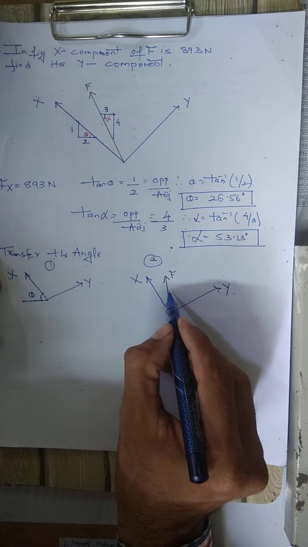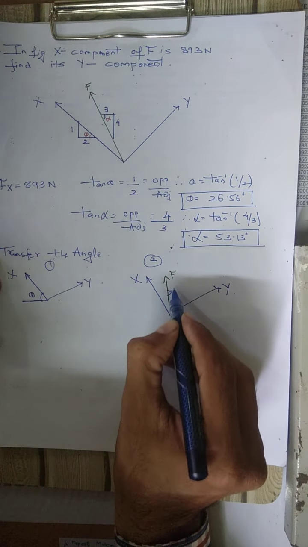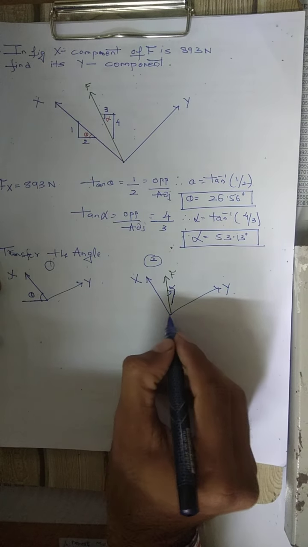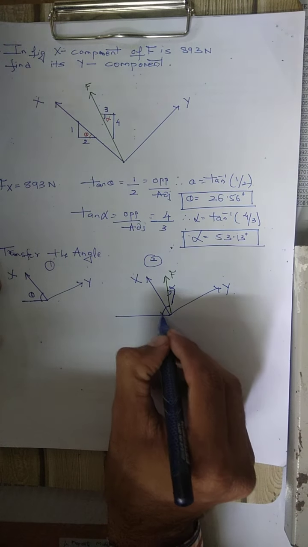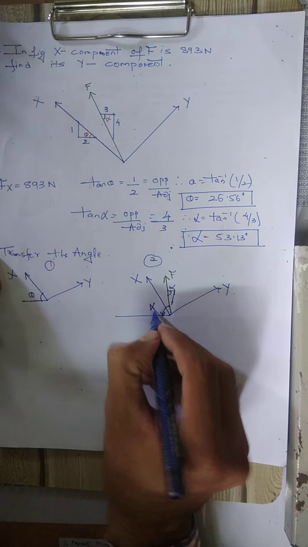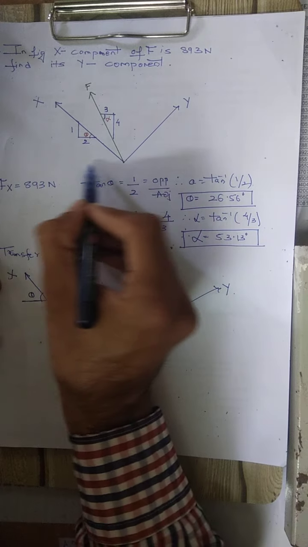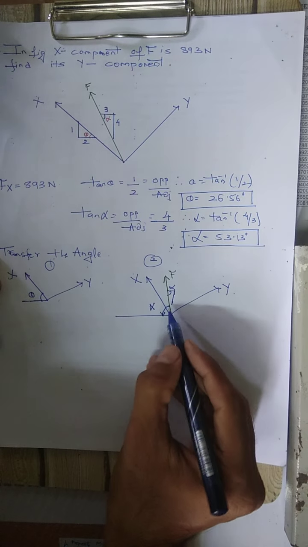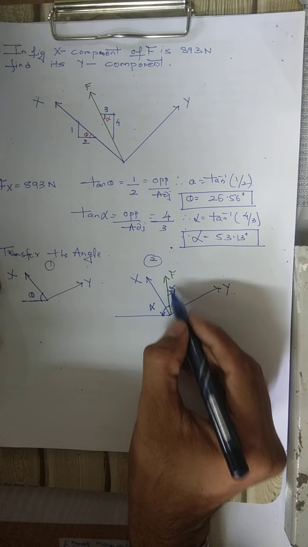So this angle will be transferred here as alpha. The angle made by F with the horizontal is alpha.